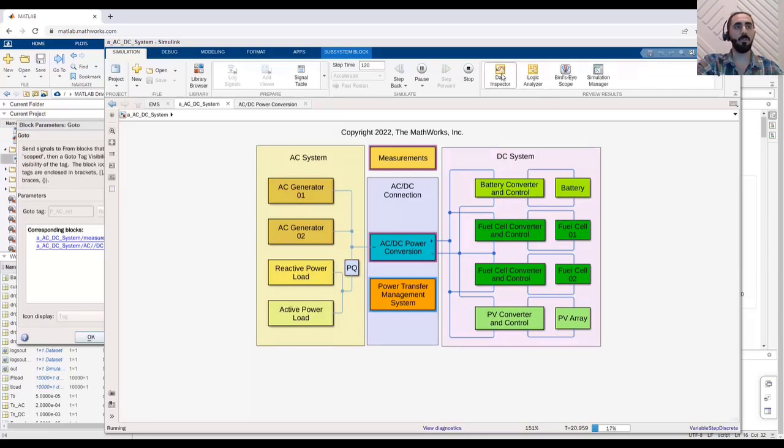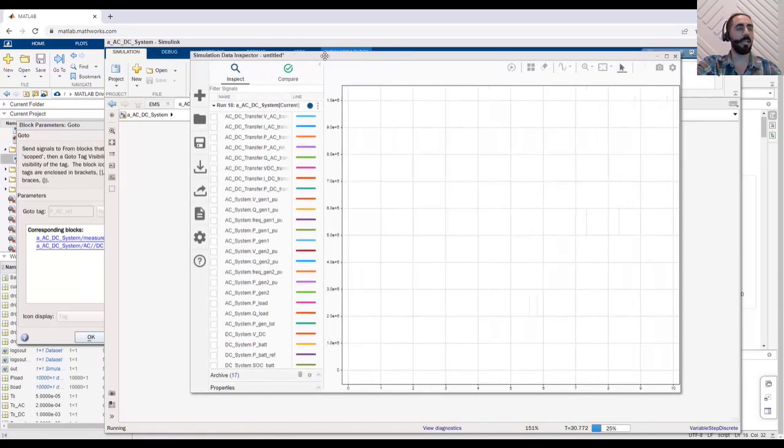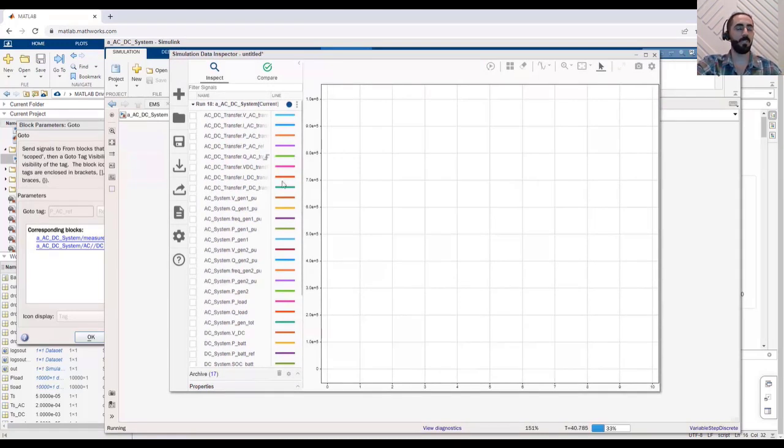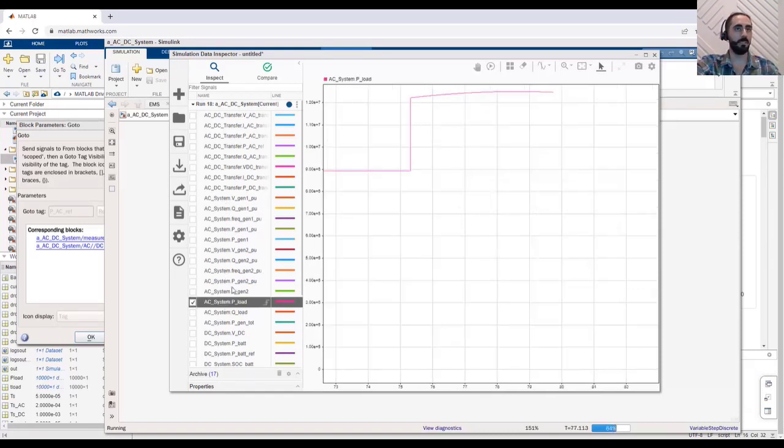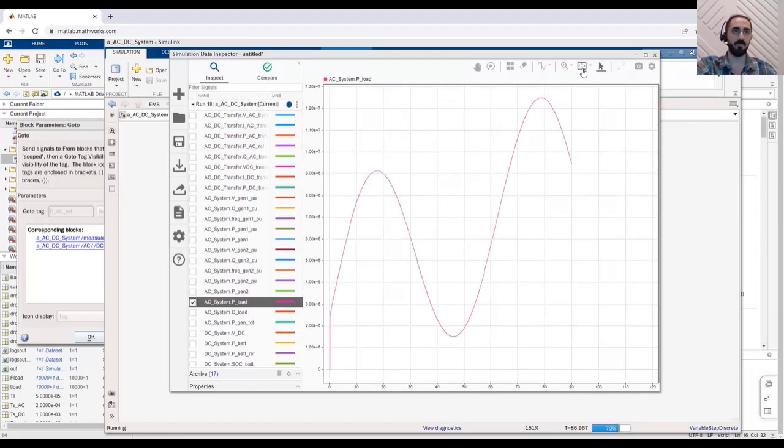Now let's go to the data inspector, and the first thing I'm gonna look at is the load profile, AC_system P_load. I'm gonna maximize the window, and you see the loading here on the AC side. It has two peaks, a little bit above 12 megawatts here and 9 megawatts on the first one.